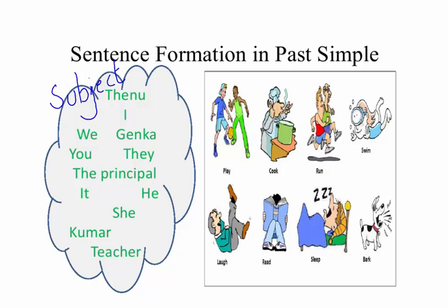With the help of these subjects, try to make simple sentences in the past. Denu ran very fast, lightning.